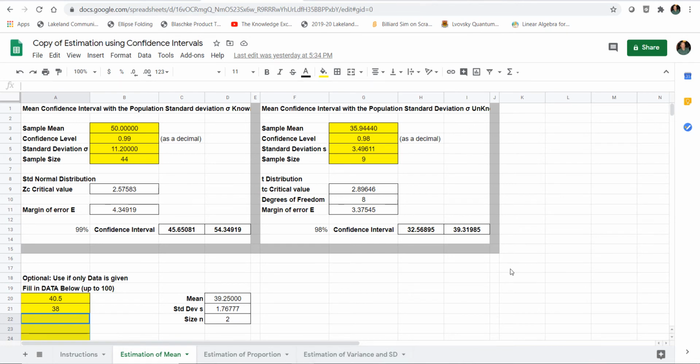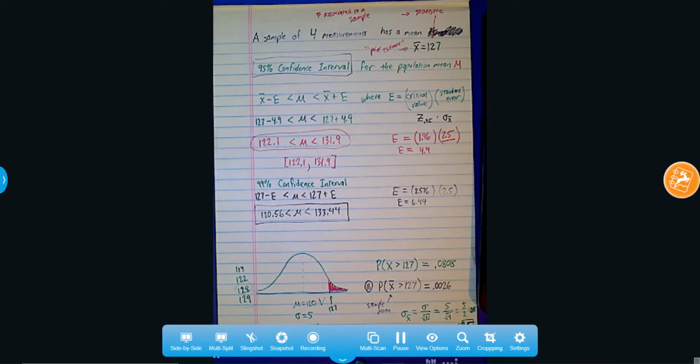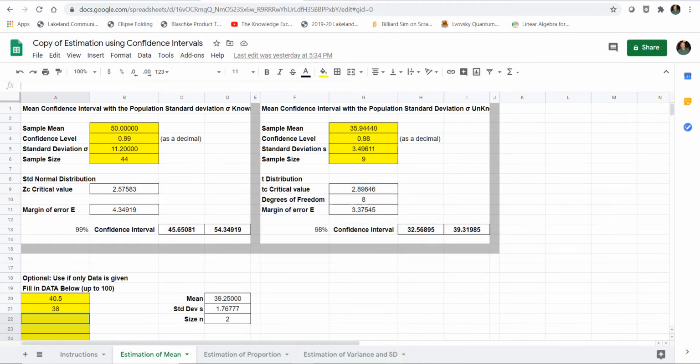And so I want to show you that you can use this calculator to do all the calculations we just did very quickly, okay? And so let's go back and look at the original problem we had. We wanted to construct a 95% confidence interval for the population mean. Okay, so let's see how we would do that.